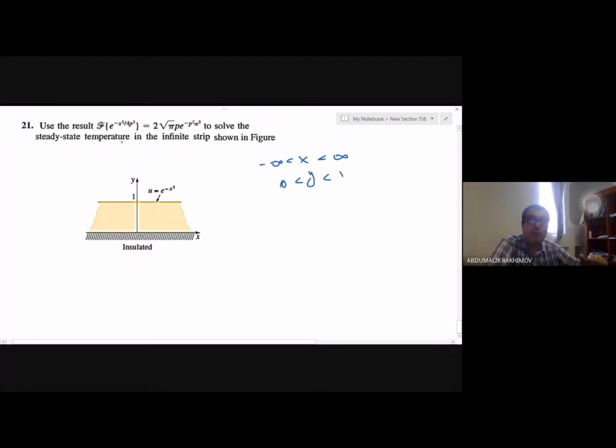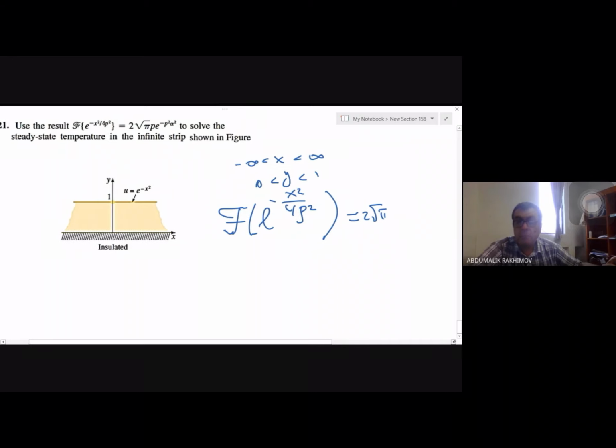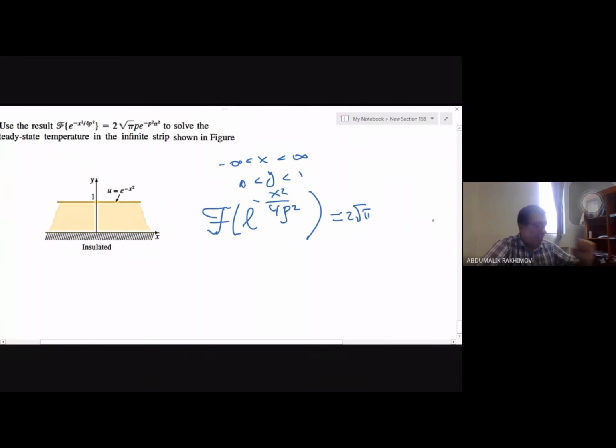So they say use this formula. It's given that the Fourier transformation of the function exponential minus x squared over 4 rho squared is equal to root of pi, rho, exponential minus rho squared alpha squared.